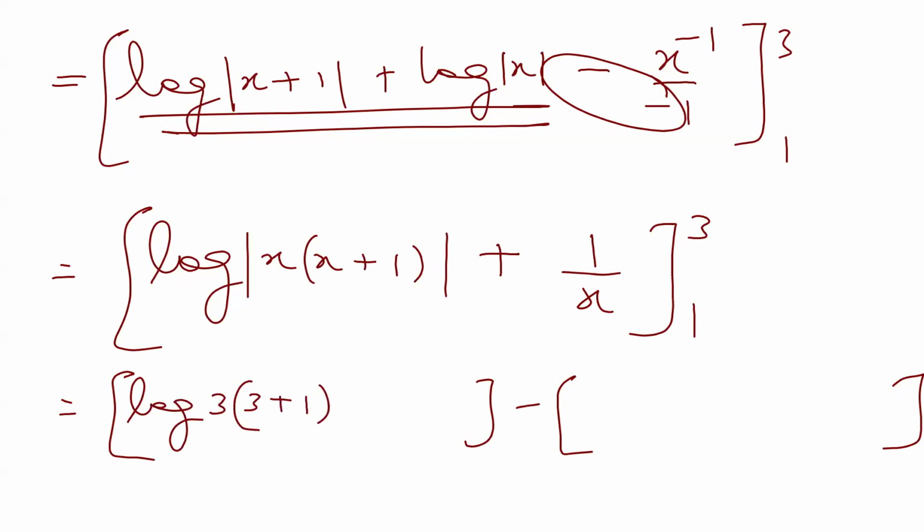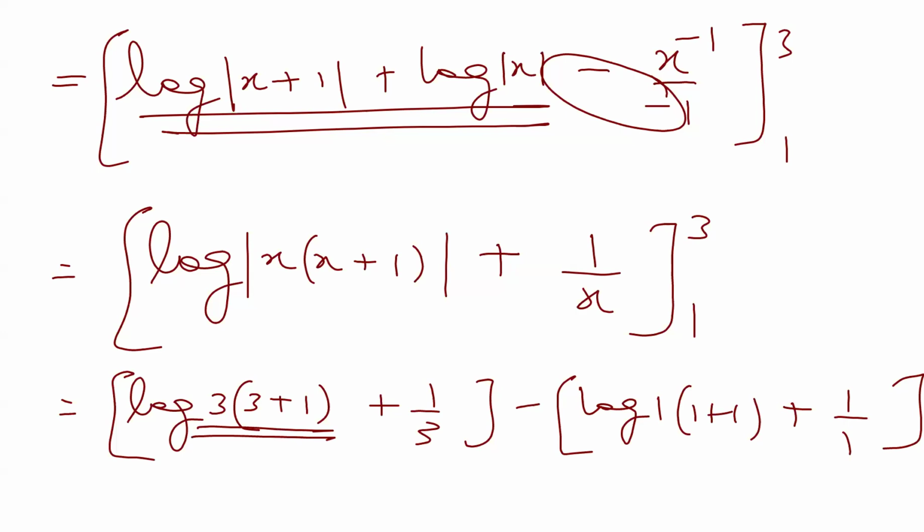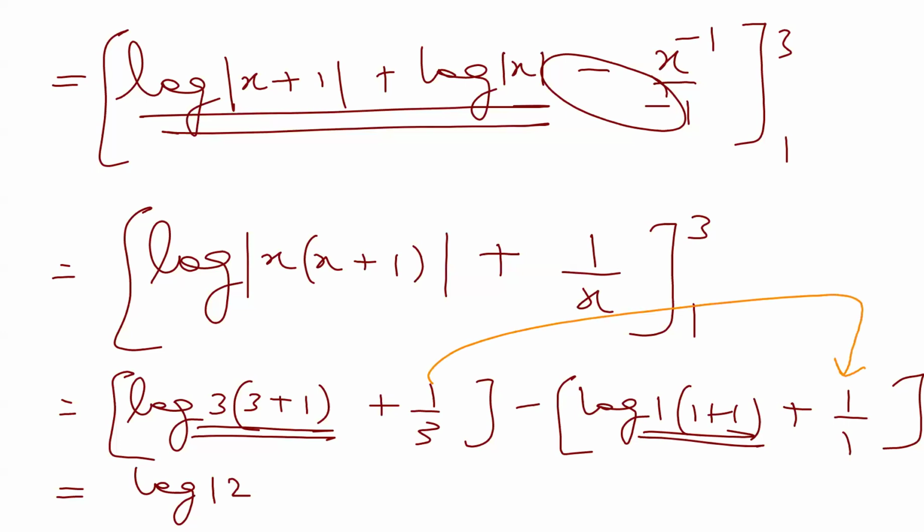Log 3 into 3 plus 1 plus 1 upon 3 minus log 1 into 1 plus 1 plus 1 upon 1. So this is log 12 and log 6. Now 1 by 3 minus 1, because there is a minus sign outside.